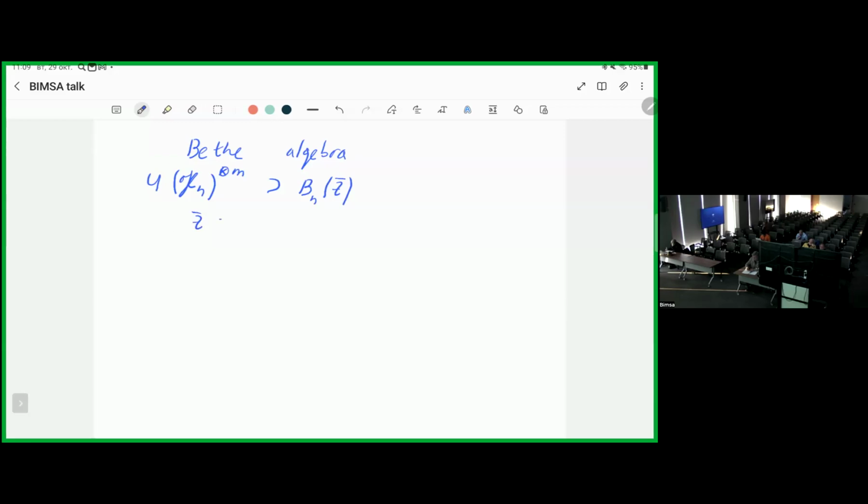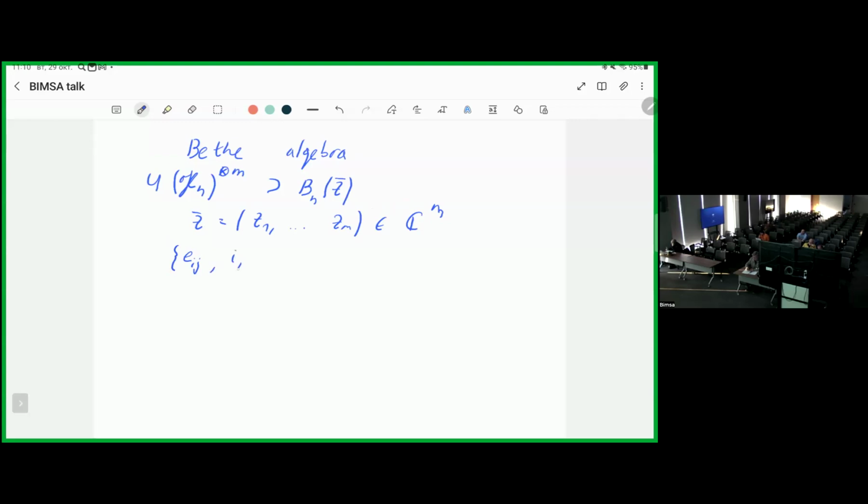So z bar is a sequence of complex numbers, z_1 to z_m. So this lives in C^m. And what is this algebra? Well, to define it explicitly, I will need what's called the standard basis of gl_n.